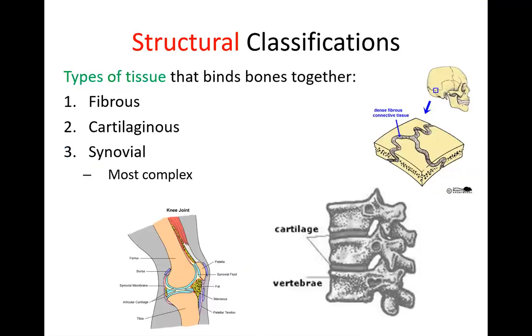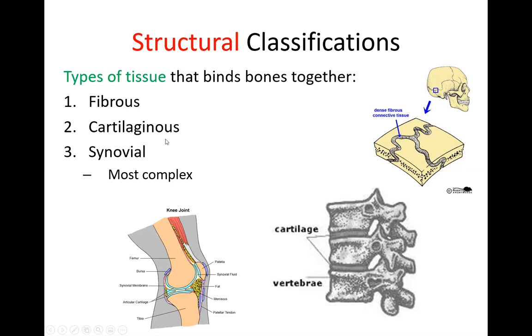Joints could also be classified by their structure. When we say structure, we mostly mean what type of tissue binds them together. For example, the sutures are made up of dense fibrous connective tissue, which puts them under the fibrous classification because they have fibrous connective tissue between them.